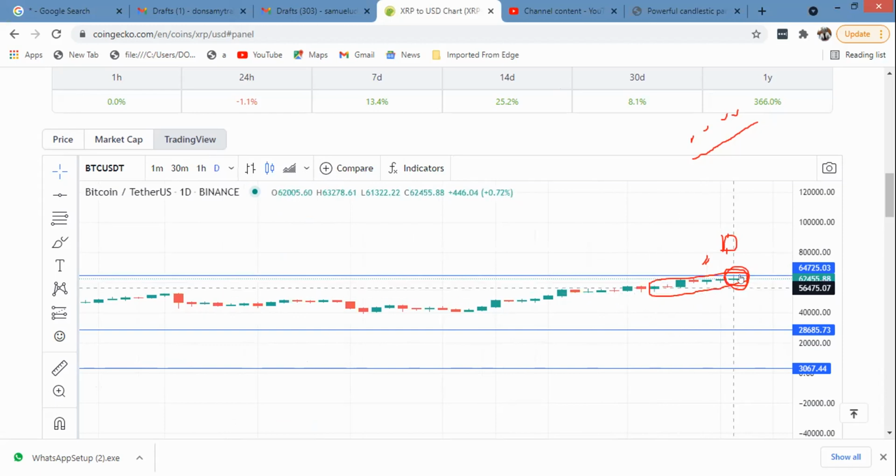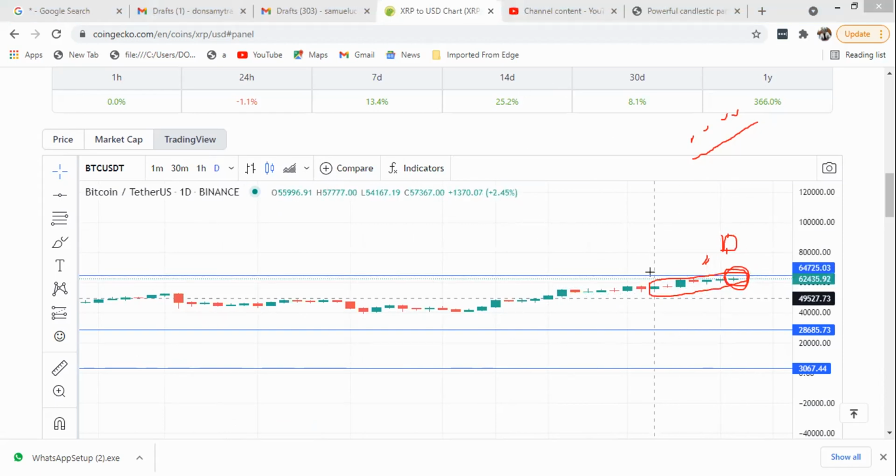Several of these candles, all these other candles. That one candle is equal to 7 of this. 1, 2, 3, 4, 5, 6, 7. Are you with me?